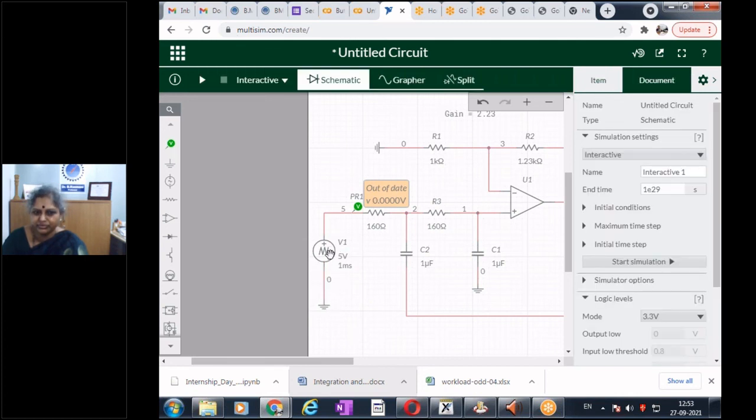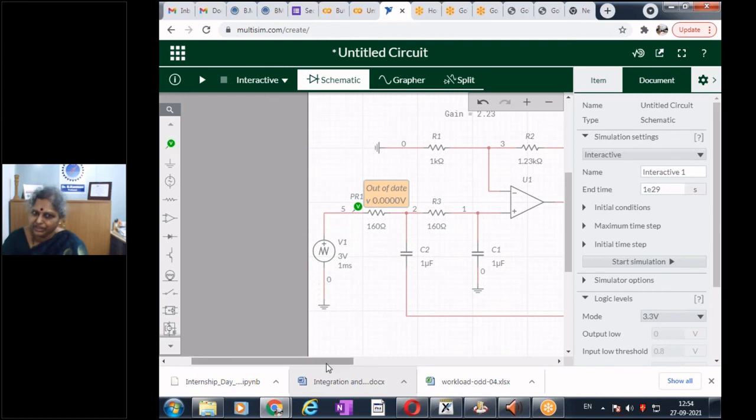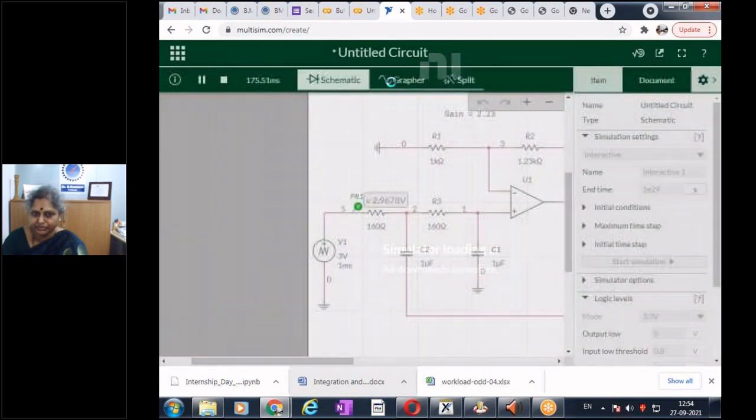What happens? So let me look at this triangular voltage. 1 millisecond is my time period. Half of it is 500. Let me make my voltage as say 3 volts, and let's run and see. So now I have changed my voltage to a triangular voltage source. Let me run it, and let us look at the output.